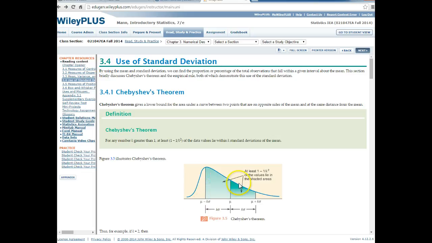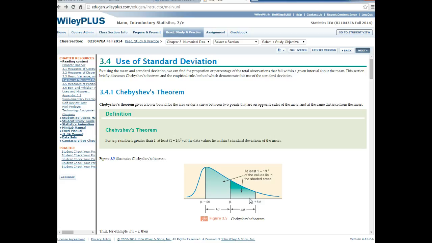Okay, forget about the shape of this thing here. Just ignore it. Chebyshev says that if you go a certain amount here and here, he'll tell you the minimum amount of data that has to be within that range. That's what Chebyshev's theorem says.